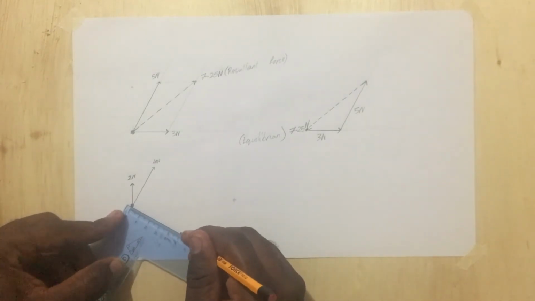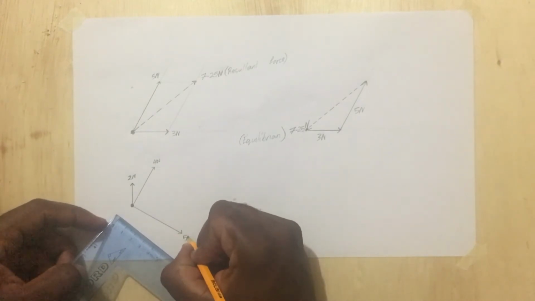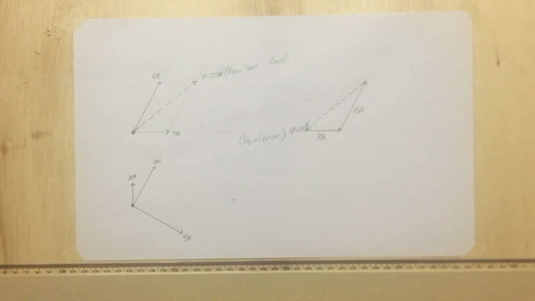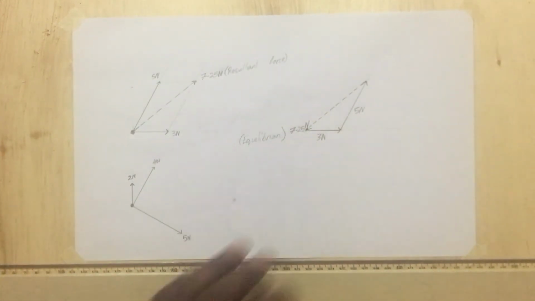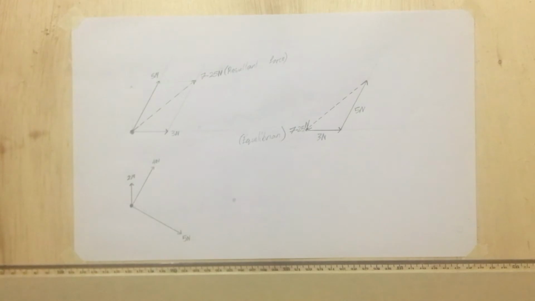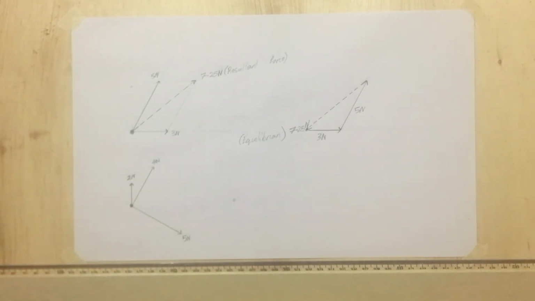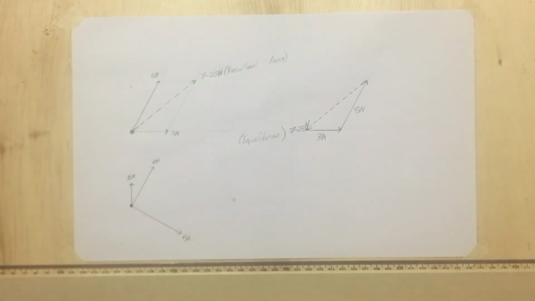Let me call this 5 newtons. All these 3 forces, if I combine all these forces like this, and they are connecting and forming a perfect triangle, it simply means that this body is in equilibrium. If they don't meet, if the 3 vectors don't start and end at the same point, then the object is not in equilibrium, and we'd have to find the equilibriant.